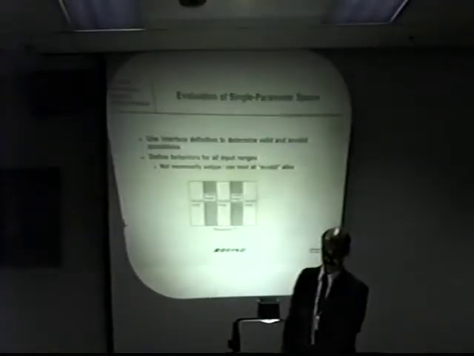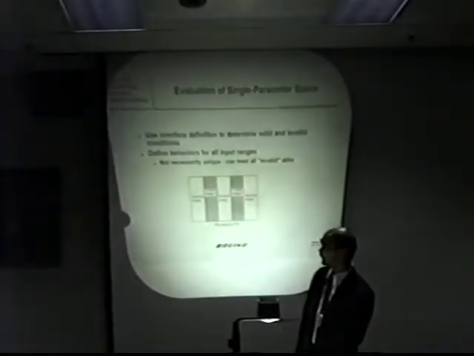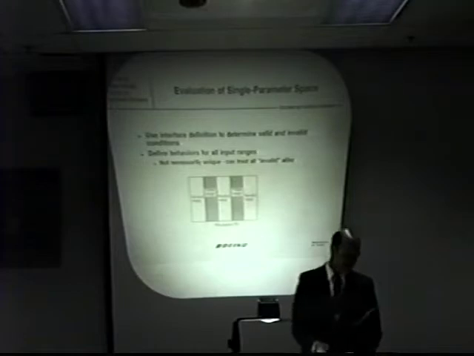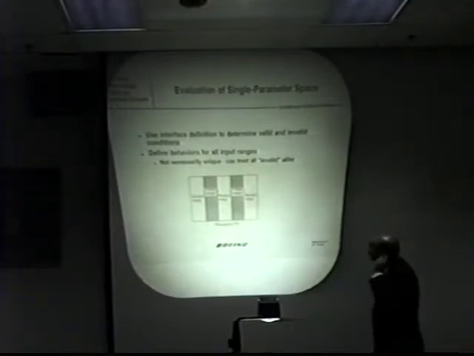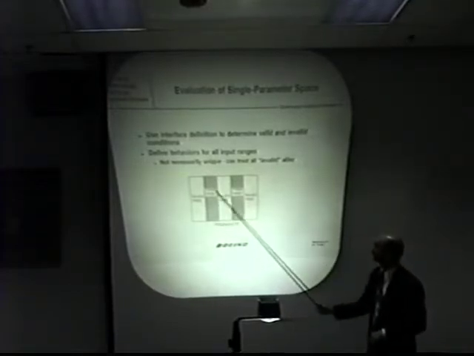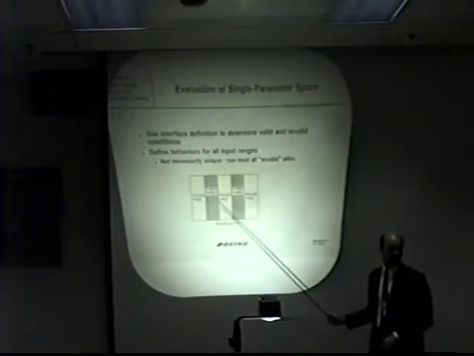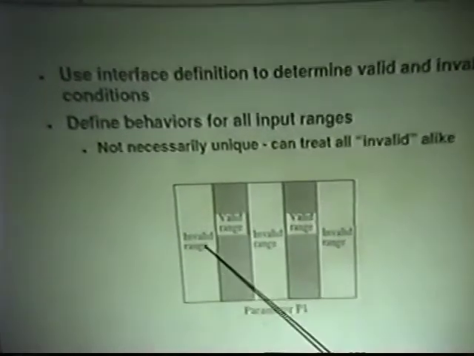So once you've identified the interface parameters, then you have to analyze them into what are either valid ranges or invalid ranges. And in this illustration, I have a parameter P1, it's a generic parameter, and it's got 2 valid ranges and 3 invalid ranges.